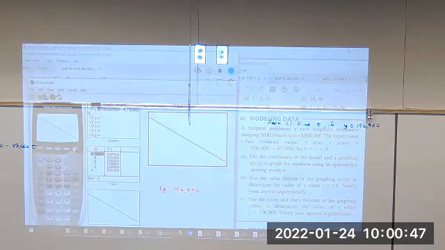Graph, trace, 156.75, so it must be to the left. 157, so 156 and 157.1. So I still think 156.75 there. Closer. Move there.